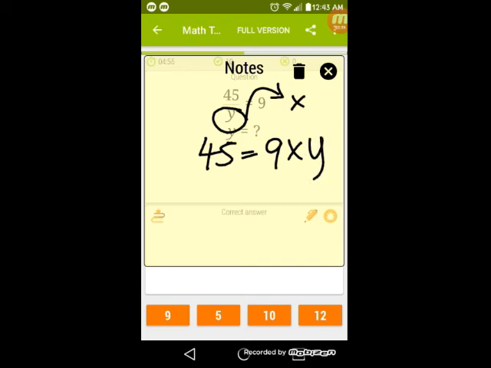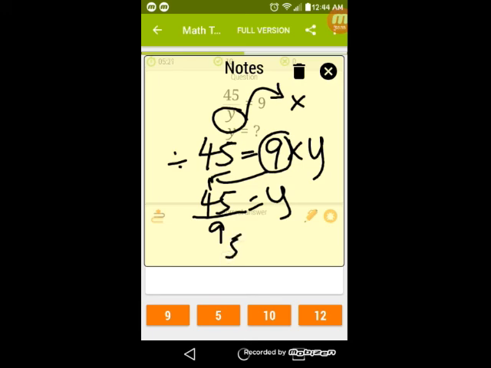Now you want to get rid of this 9 and scoot it over to this side where it will become divide by. Okay, so 45, next line, 45 divided by 9 is equal to y. 45 divided by 9, 9 5s are 45, so 45 divided by 9 is equal to 5. 5 is equal to y, in other words, y is equal to 5.